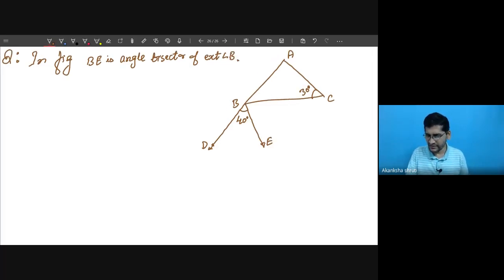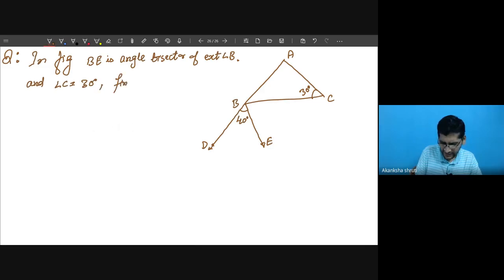It means it is on the exterior angle. And angle C is equal to 30 degrees. Then you have to find all the remaining interior angles of the triangle. Yes, students, find it.